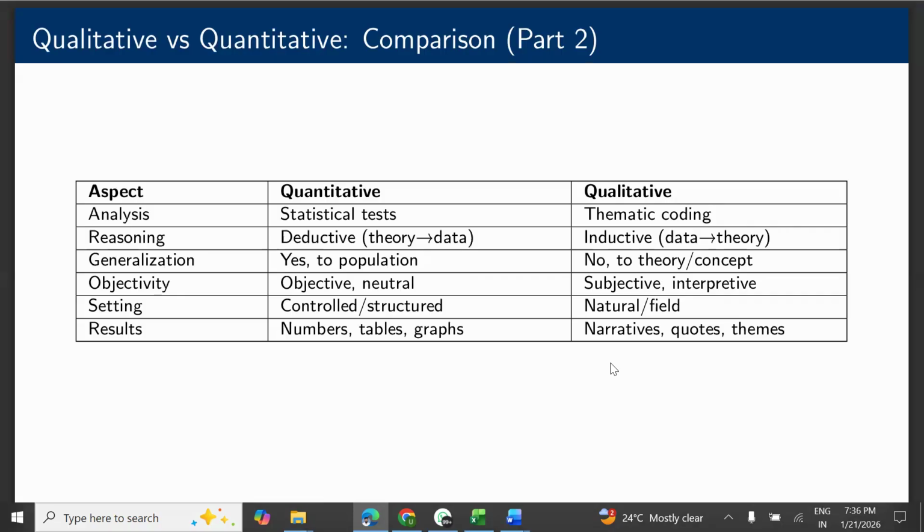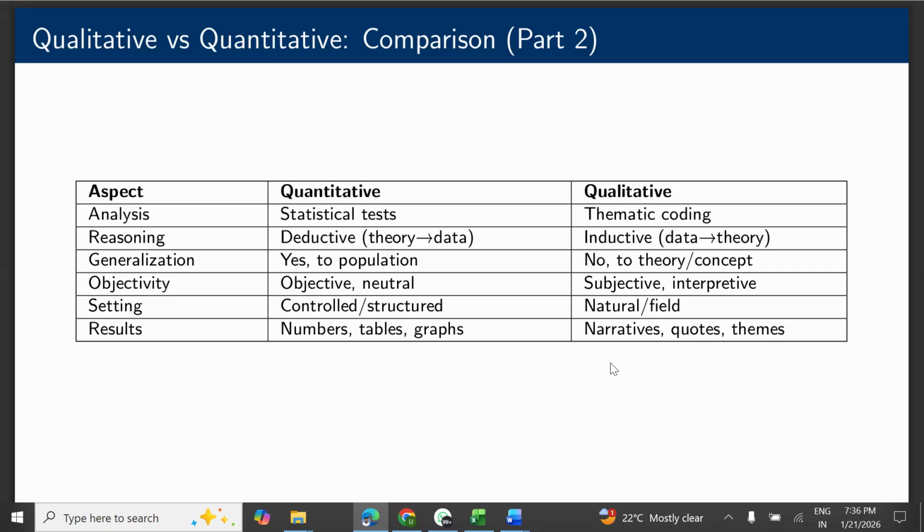Then, on the aspects of analysis, reasoning, generalization, objectivity, setting, and results, you can differentiate. In quantitative, we use statistical tests, but in qualitative, we use thematic coding. In quantitative, we use deductive reasoning from theory to data, but in qualitative, we use inductive reasoning from data to theory. Generalization: in quantitative research, yes, we try to generalize to the population.